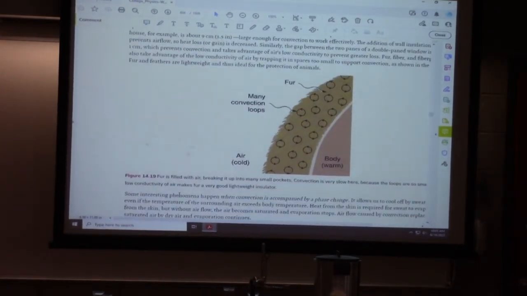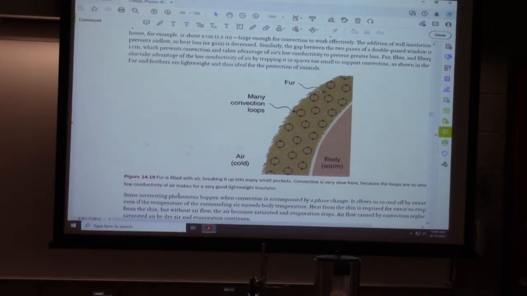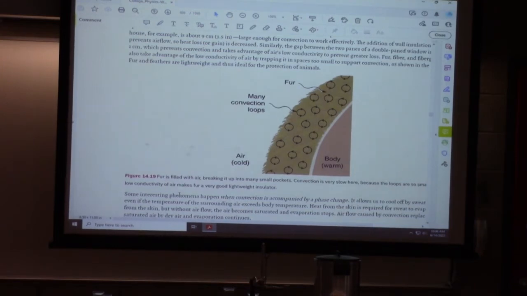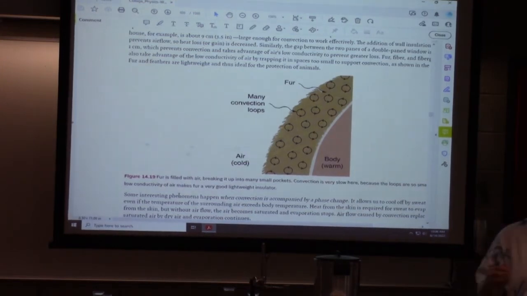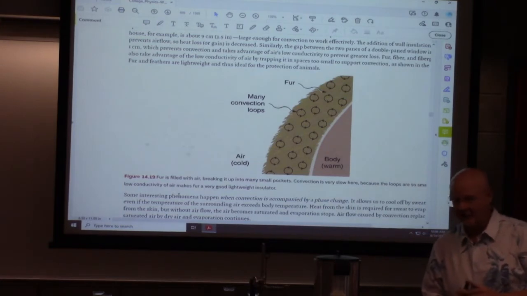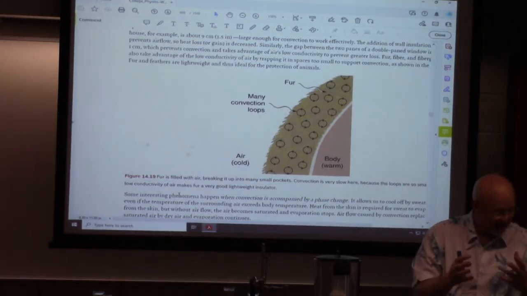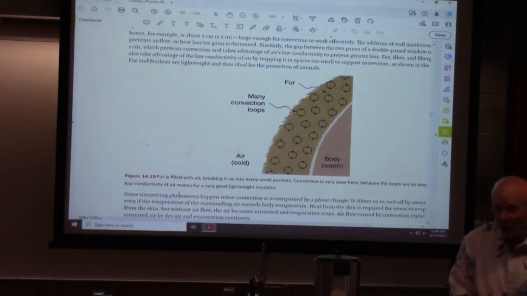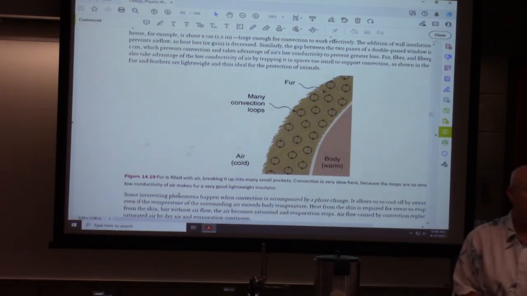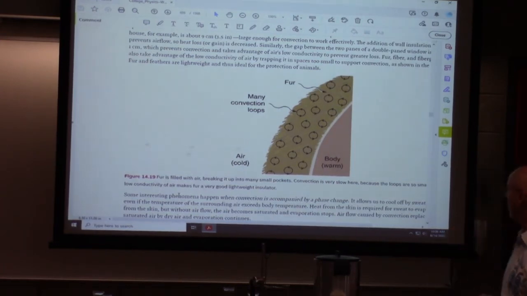Also, another picture I thought you would appreciate more had to do with convection is, how does fur work so well? How does the buffalo stay out there in freezing cold Montana and stay warm? Or the polar bear, there's a better one. How do they stay so warm?